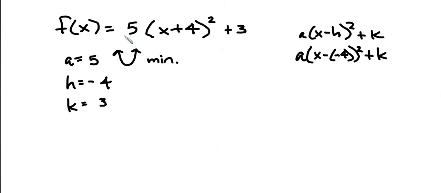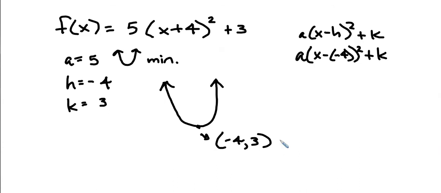So what does this look like? Well, since a is positive, we can just quickly draw. And we know it opens up. Our vertex here is a minimum, and of course that's the point h comma k, which is going to be -4, comma 3. So there's our vertex, but it's also a minimum point.